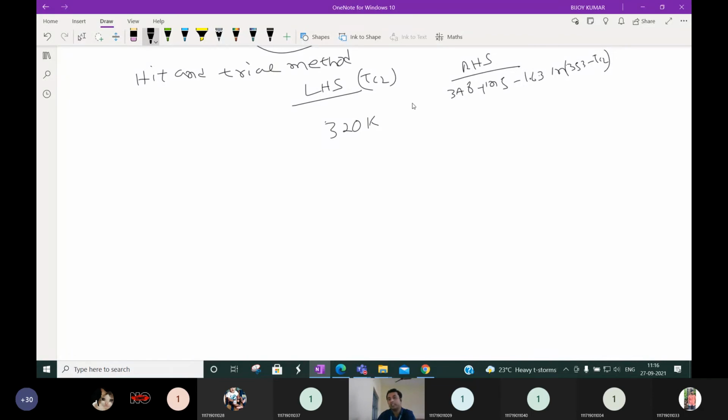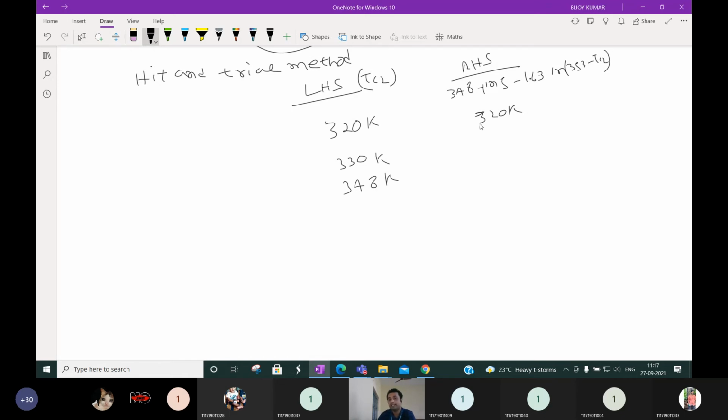Then using this value, what do we get on the right side? Either we get 322 Kelvin or not. If not, then we will use another value. Suppose 320 Kelvin. Then we have to see whether we get this value or not. If not, we use another value, suppose 348 Kelvin. This is called the hit and trial method.